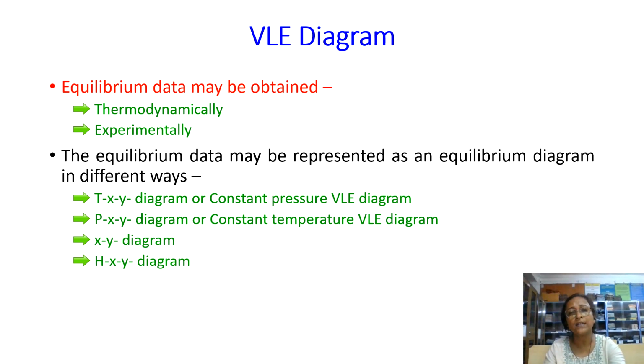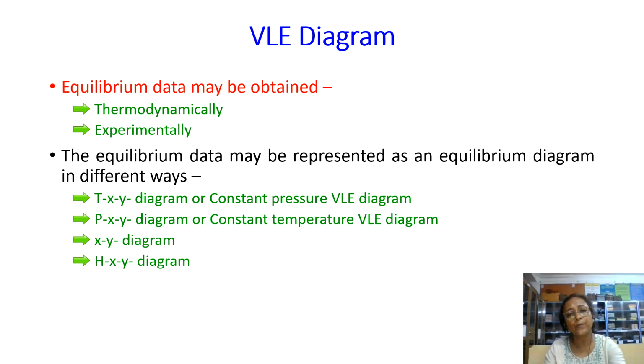It is also known as the constant pressure VLE diagram. Second type is the PXY diagram, where P represents the operating pressure. It is also known as the constant temperature VLE diagram.